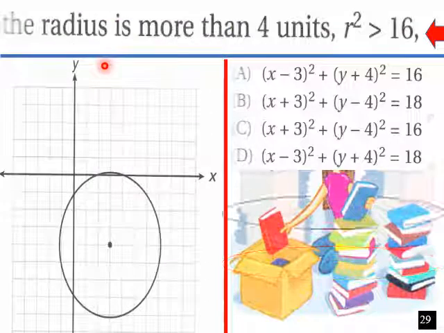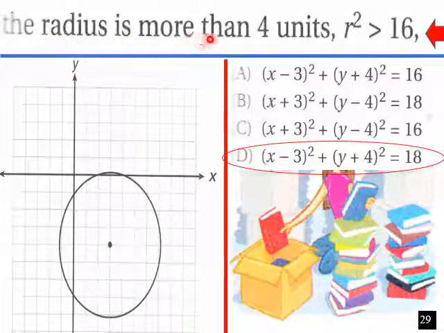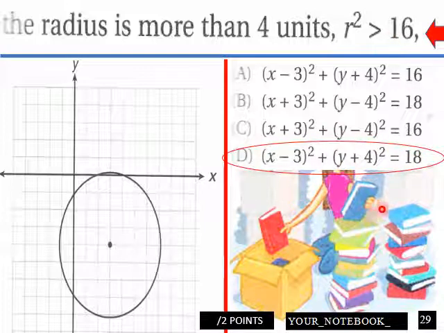To investigate further, the radius is more than 4 units, so r squared would have to be greater than 16. Since we threw these out, it has to be the one with x minus 3 and y plus 4, and the radius squared greater than 16. So this is the only choice left, which it could be.